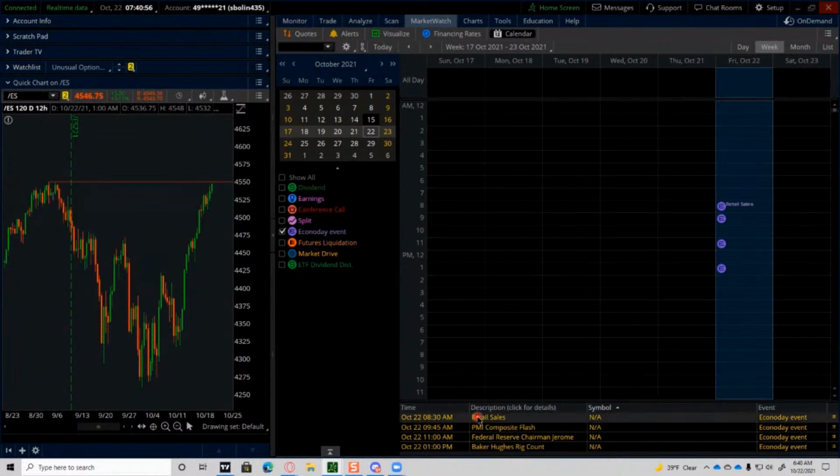The retail sales, look, this is right after the bonds open, right? The bonds open at 8:20. I shut down at 8 o'clock. I don't trade from 8 to 9:30. Actually, I don't trade from 8 to 10, but definitely not between 8 and 9:30 unless I'm specifically trading one of these economic events. And the reason is because when these economic events come out, if it's a wild miss, they've got an expectation.